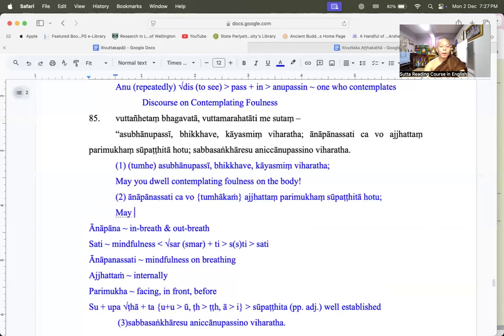So may the mindfulness of breathing in, and then well established.